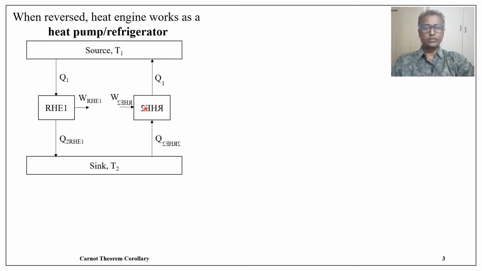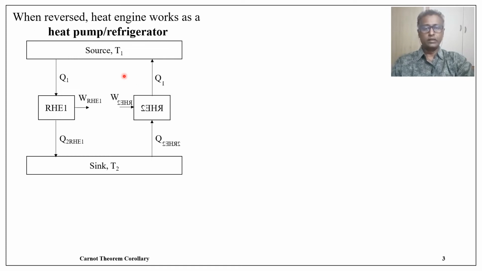The schematic is shown here. We are reversing engine 2. When we say reverse, the quantity of heat transfer and the work are the same, but their direction is changed.